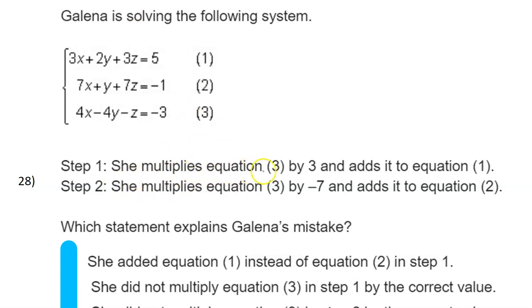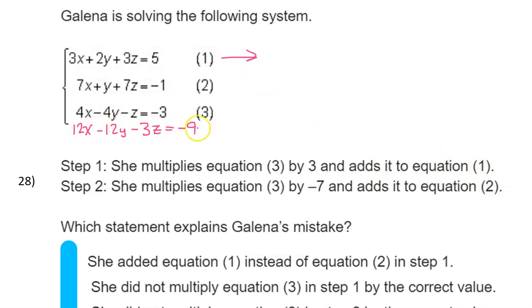In step 1, she multiplies equation 3 by 3. Let's go ahead and do that. So if we multiply equation 3 by 3, that's going to give us 12x minus 12y minus 3z is equal to negative 9. And then she adds it to equation 1.